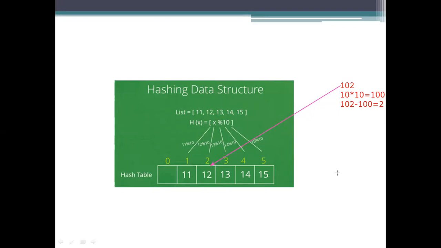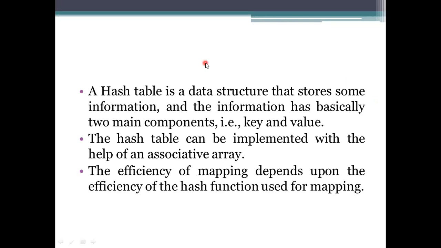When we are dealing with hashing and storing a value, the factor used is the hash function. So what is the hash function we are using? The hash function will be h of x mod another value.